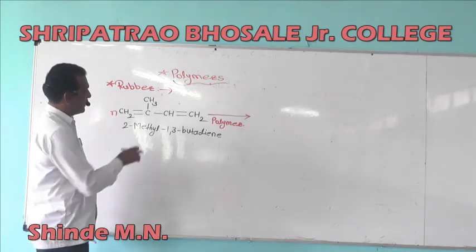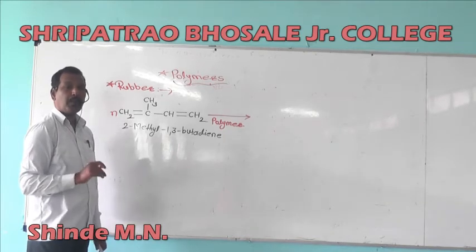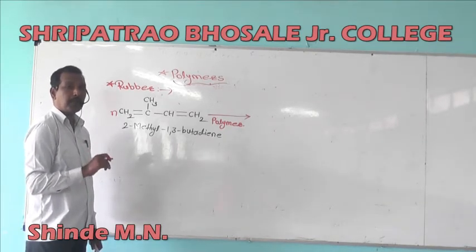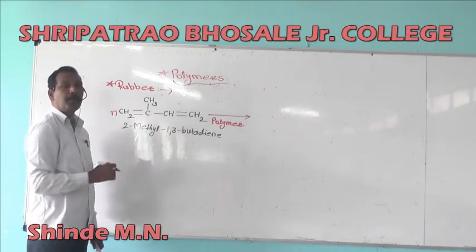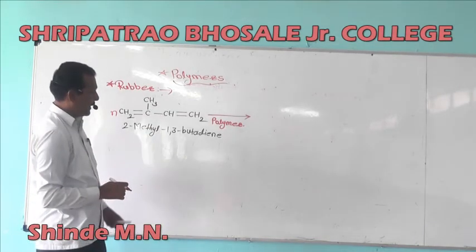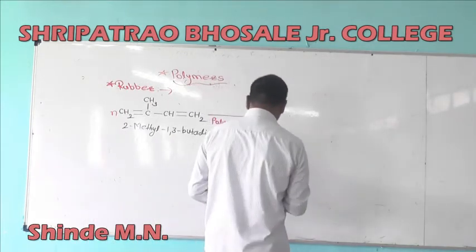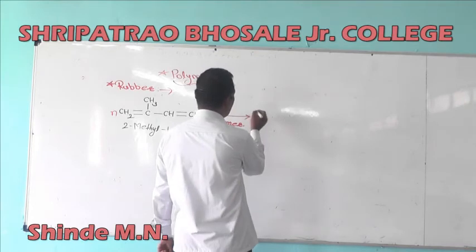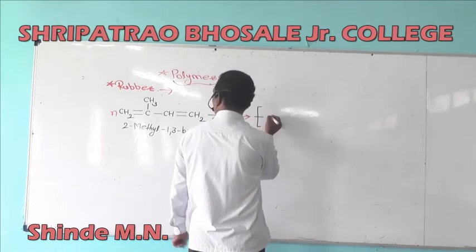So these isoprene units will undergo addition polymerization, that is, the addition of this monomeric unit takes place, and polyisoprene is formed.